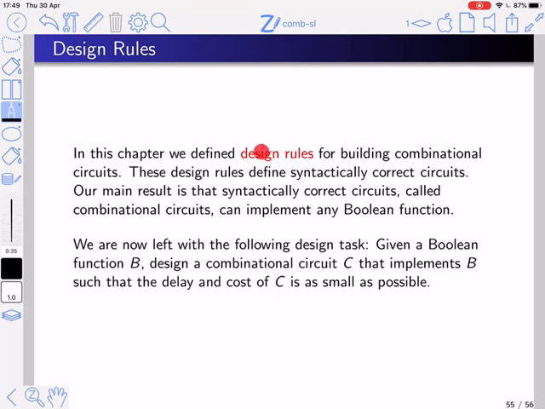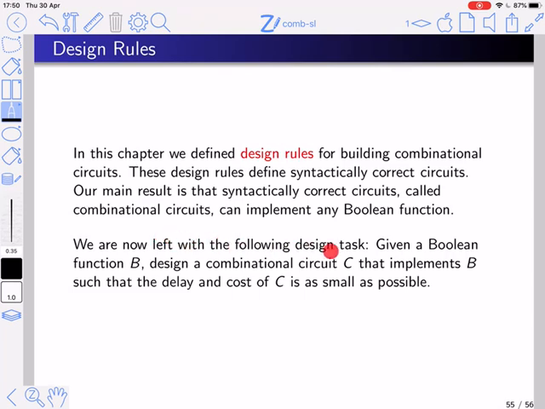So, in this chapter, we defined design rules for building combinational circuits, and these design rules define the syntactically correct circuits. The interesting part in the simulation theorem is that if you follow the design rules, then you get combinational circuits, and these combinational circuits implement Boolean functions, can be easily simulated, and you can easily analyze their timing.